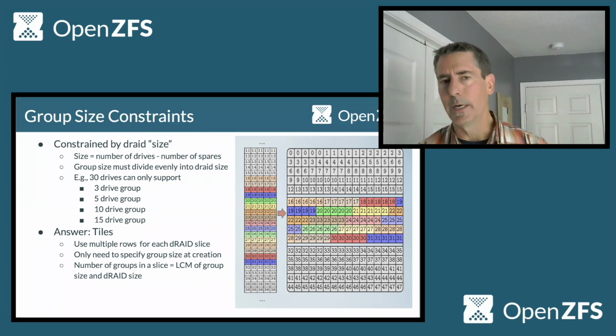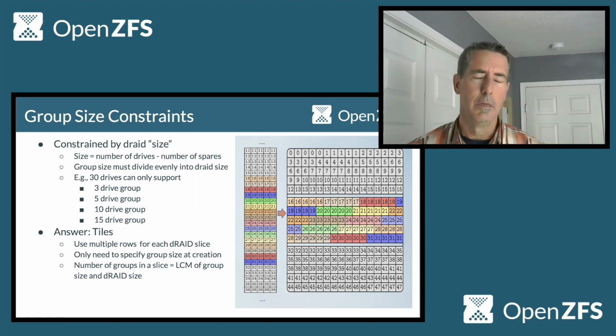We did work out a variation or enhancement to dRAID, which allowed you to define a configuration which used different size groups to fill out the set of groups that went into the row. This allowed us more flexibility and allowed us to define group sizes that were closer to what you were looking for as a consumer, as a user of this capability.